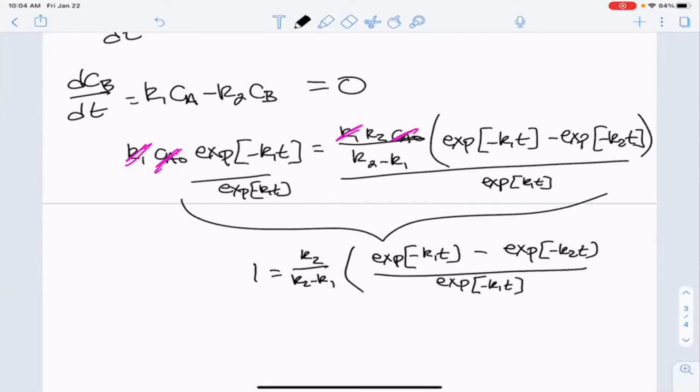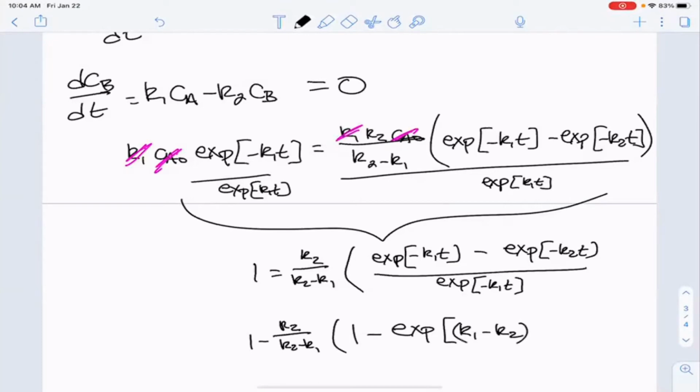And this works out kind of nicely because this is going to be 1. So that means that 1 equals K2 over K2 minus K1 times 1 minus the exponent of K1 minus K2 times t. Okay.